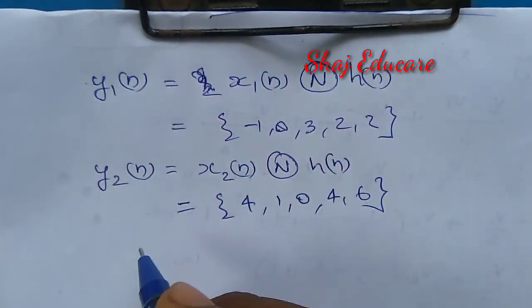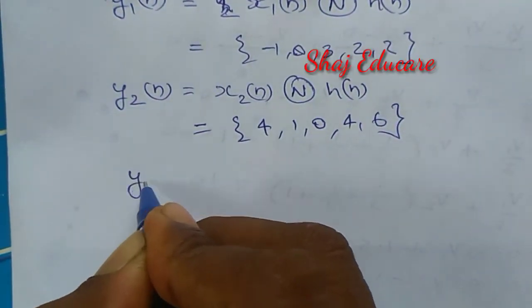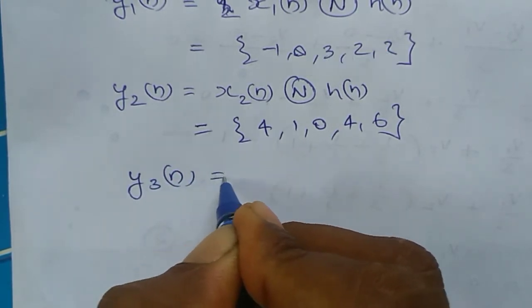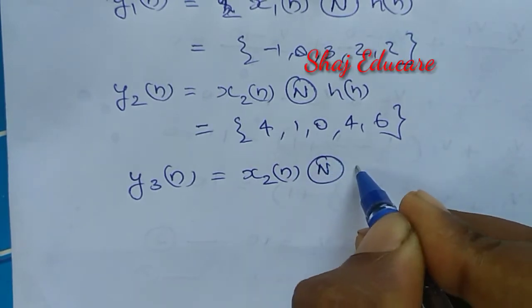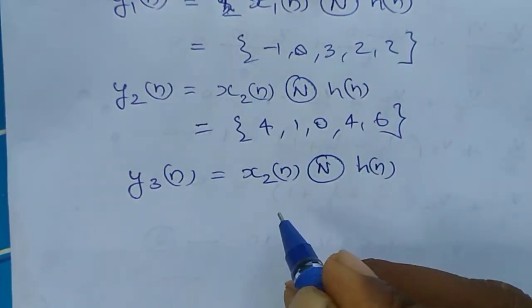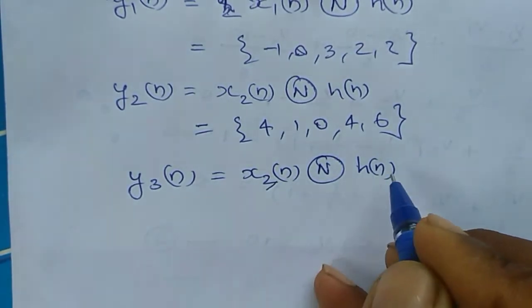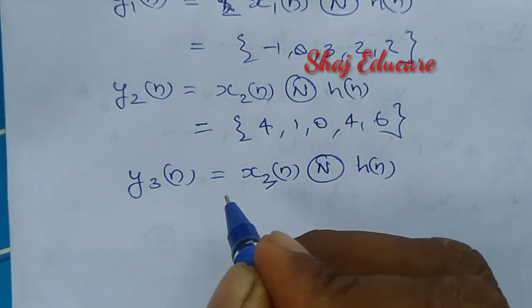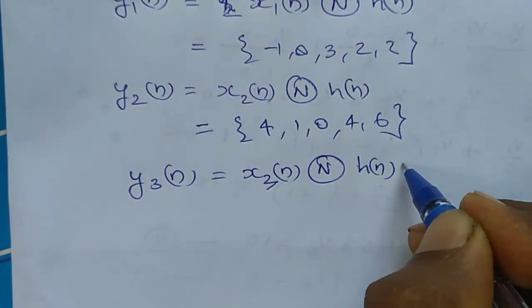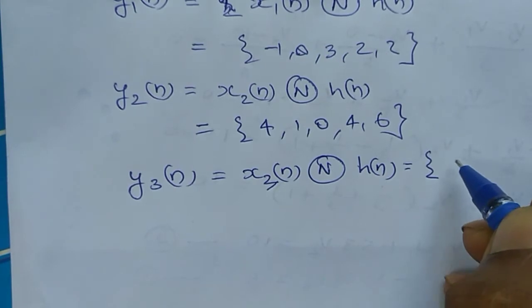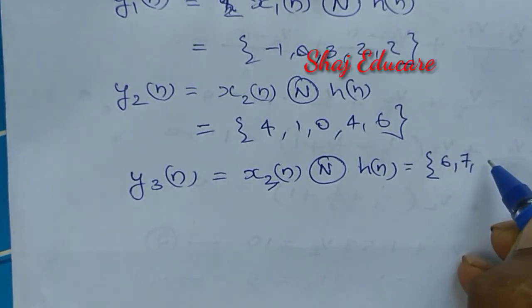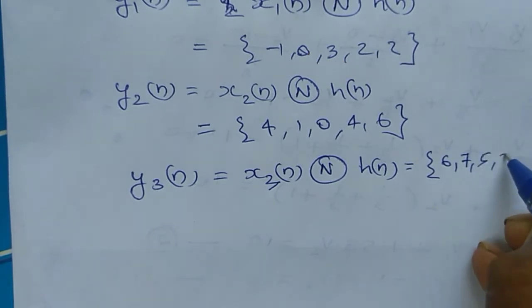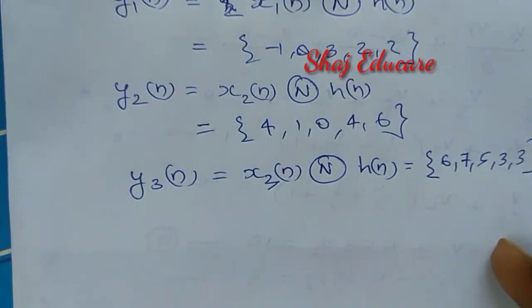Next, I have to find y3 of n, which is the circular convolution between x3 of n and h of n. Again, the answer is equal to 6 7 5 3 3.